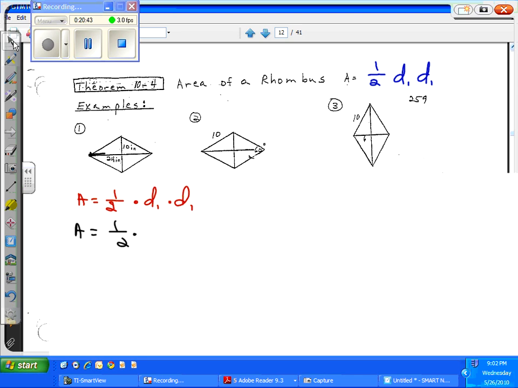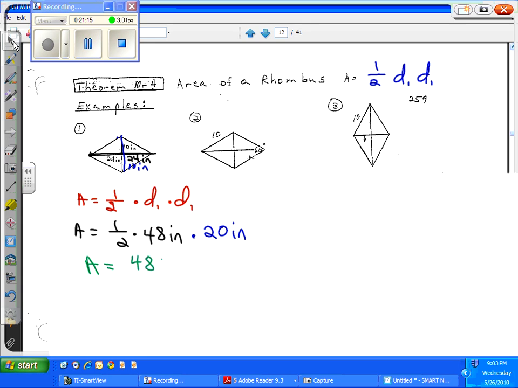Now, the diagonals bisect each other, so if that's 24, the other little part's 24, so that whole diagonal is 48 inches. The diagonals bisect each other, so if that's 10, then that's 10, so that whole diagonal is 20. So we're going to get area equal.